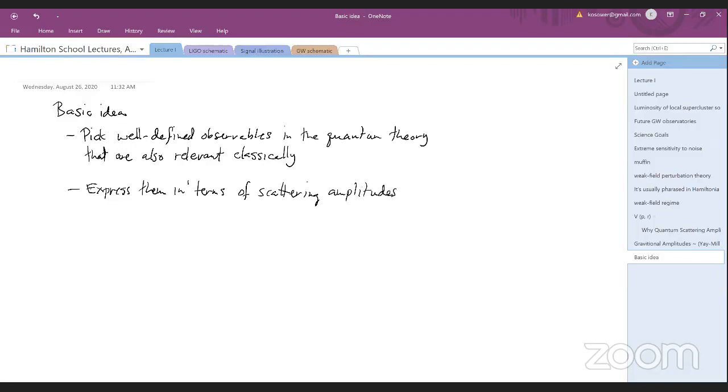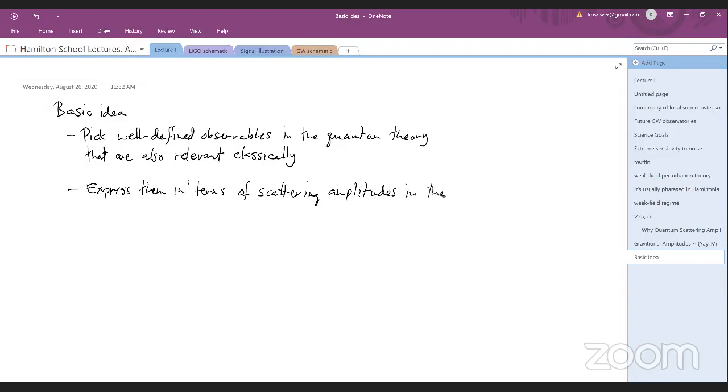And that will then bring in QED scattering amplitudes if we're looking at observables in electromagnetism, or gravitational scattering amplitudes if we're looking at gravitational observables. That would be the place that one can take advantage of the Kawai-Lewellen-Tye or double copy relations.